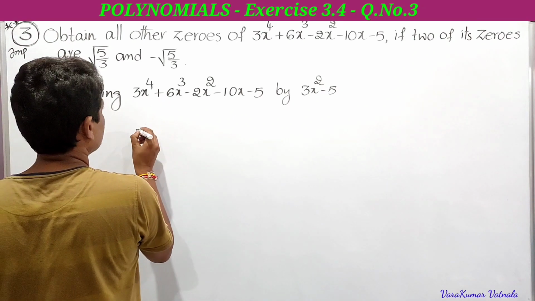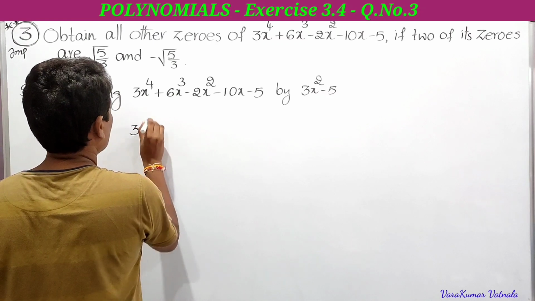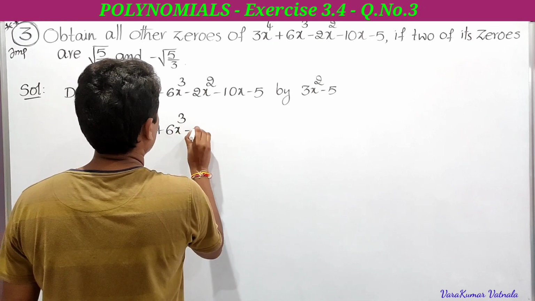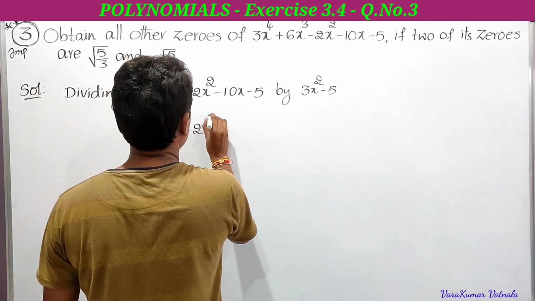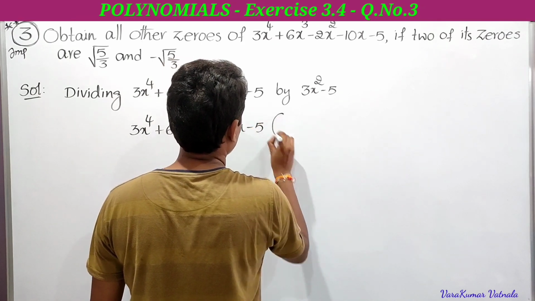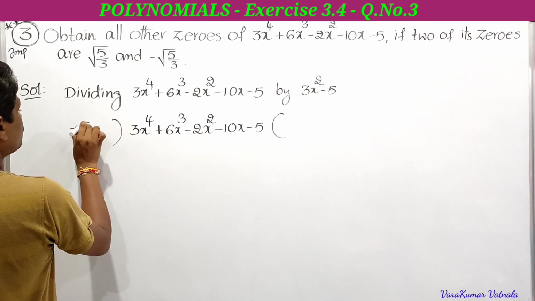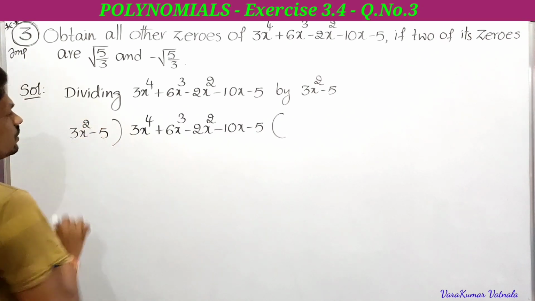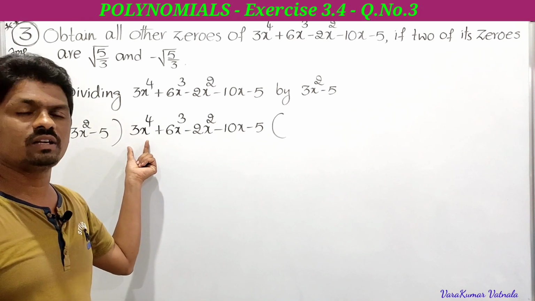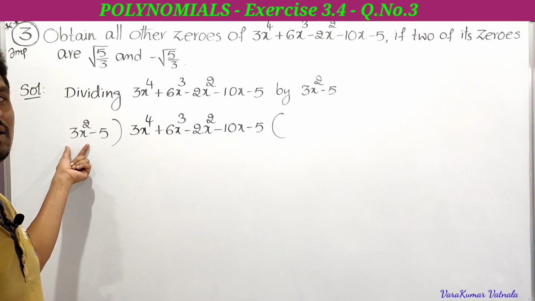Write this as the dividend, 3x to the power 4 plus 6x cube minus 2x square minus 10x minus 5. We have to divide by 3x square minus 5, and follow the steps. The highest degree term of the dividend is 3x to the power 4, and the highest degree term of the divisor is 3x square.